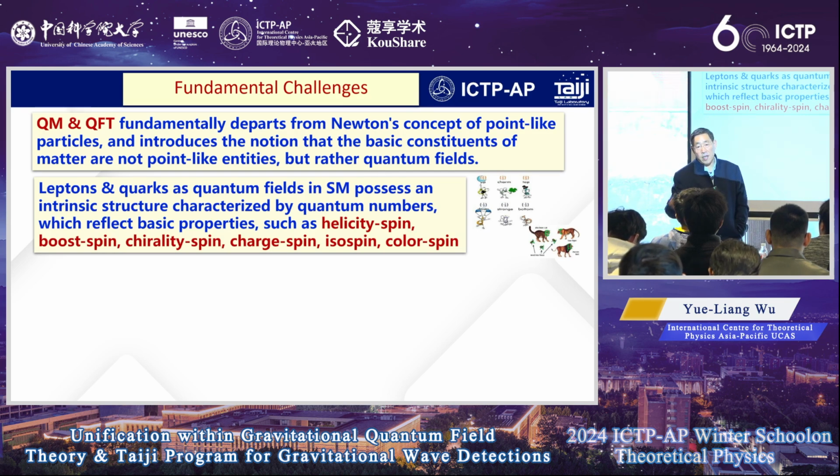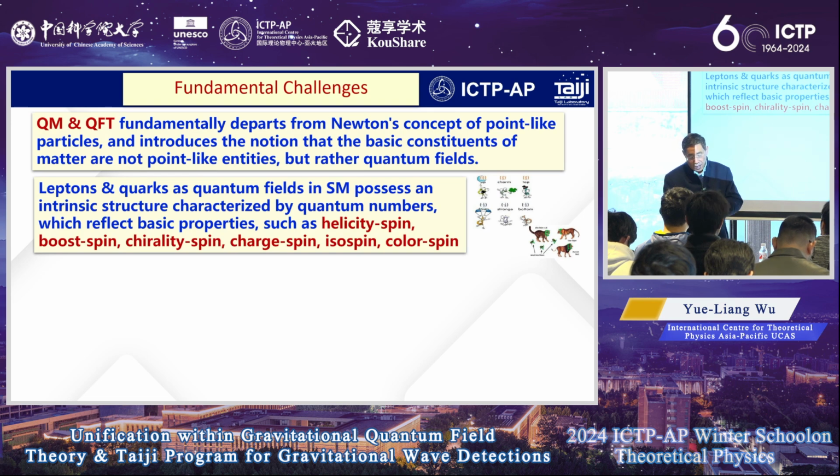These gauge fields are the messengers to propagate and to understand the interactions. These quantum numbers include helicity spin, Bose spin or chirality spin, charge spin, isospin, and color spin.